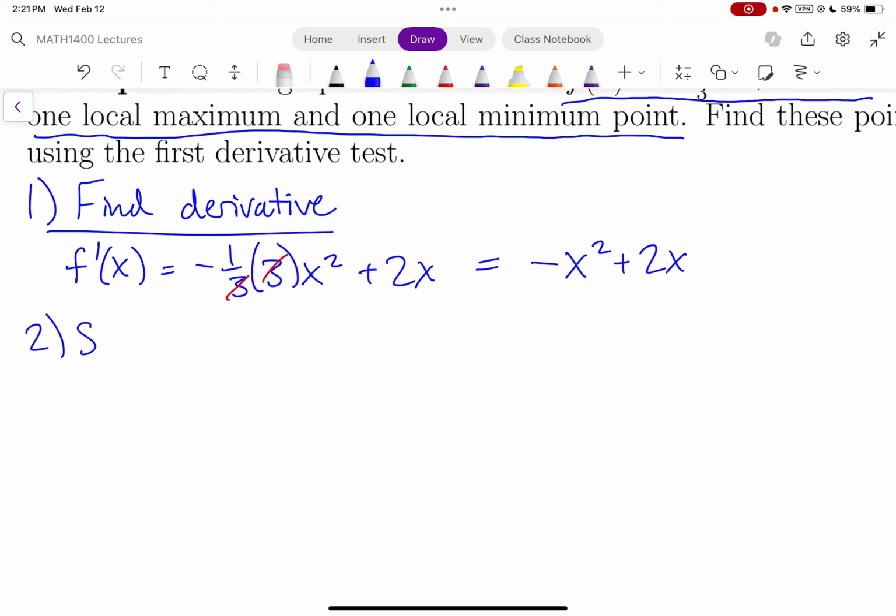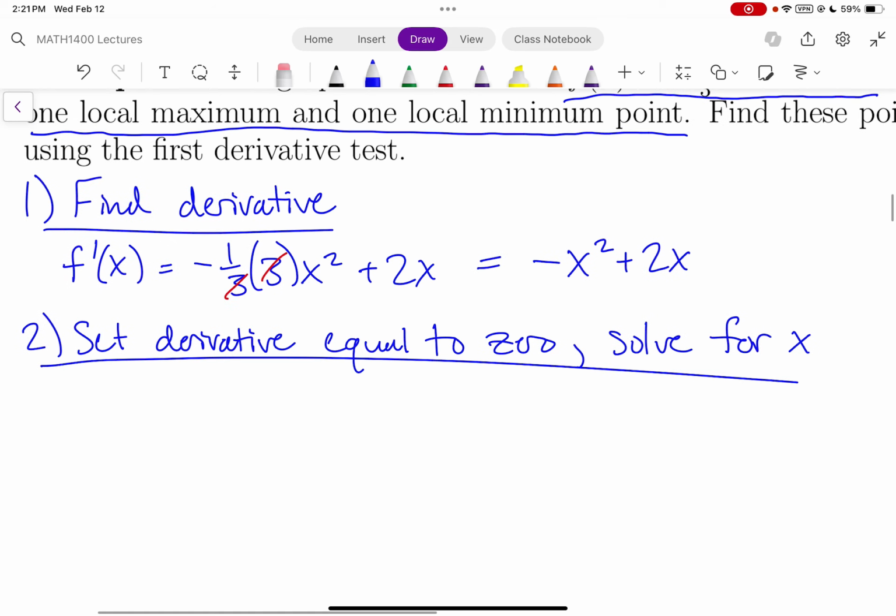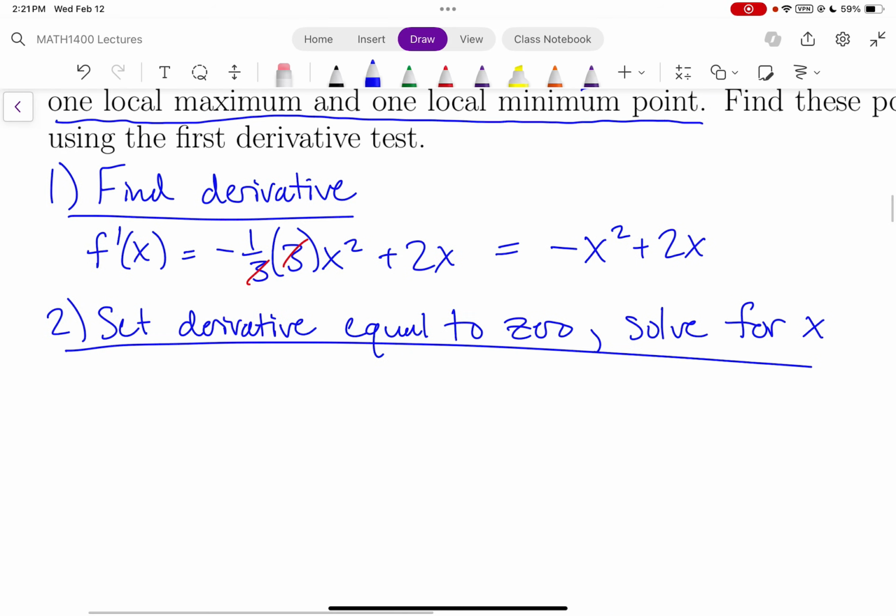Our second step is, sorry, my handwriting has not been great, but we want to set this derivative equal to 0 and then solve for x. So I take my negative x squared plus 2x equals 0.